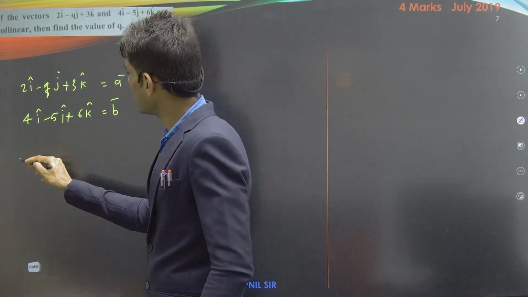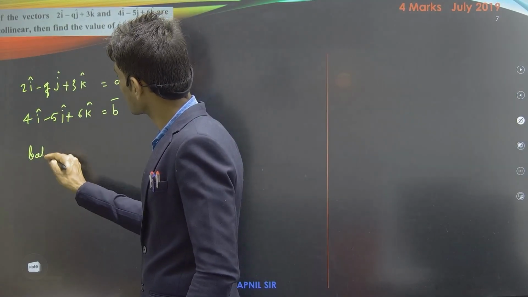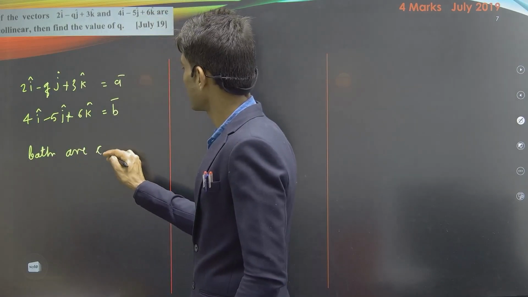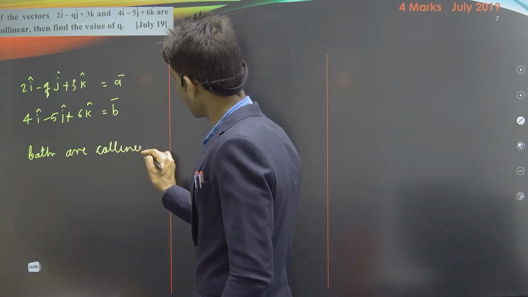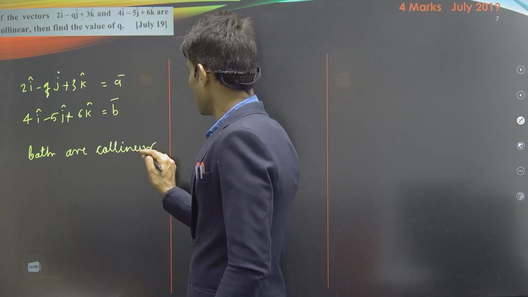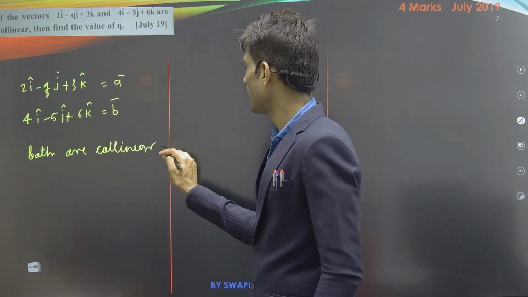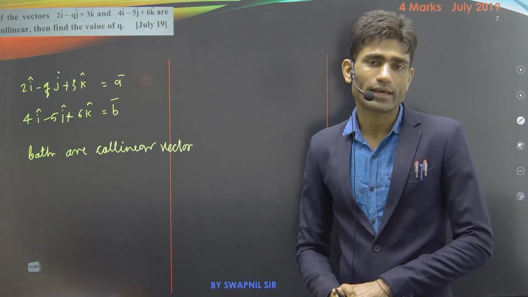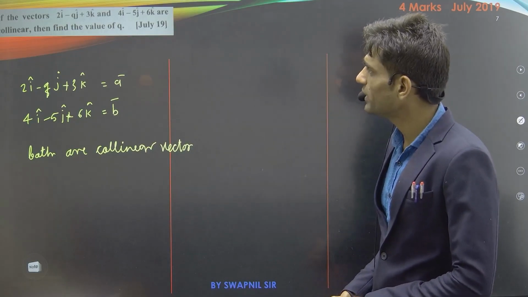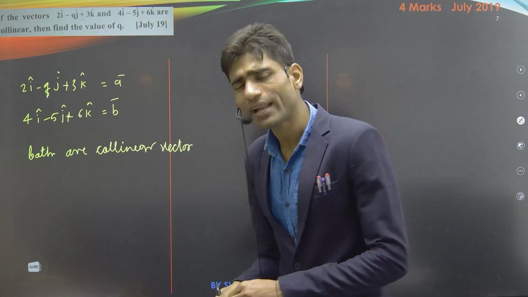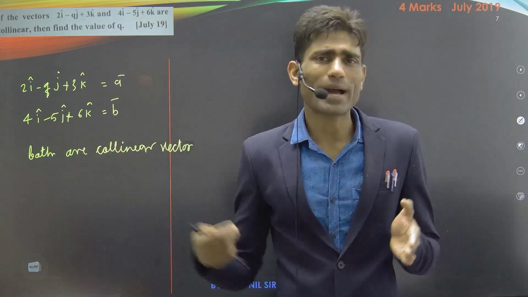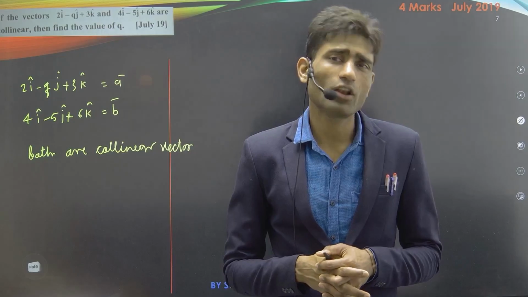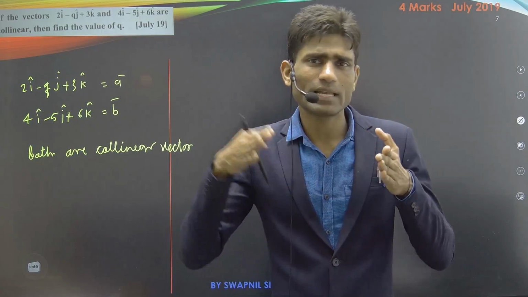Both vectors are collinear. And if two vectors are collinear, then we can write one vector as a scalar multiple of the other vector. If the two vectors are collinear, meaning they are parallel, then one vector is a scalar multiple of the other.